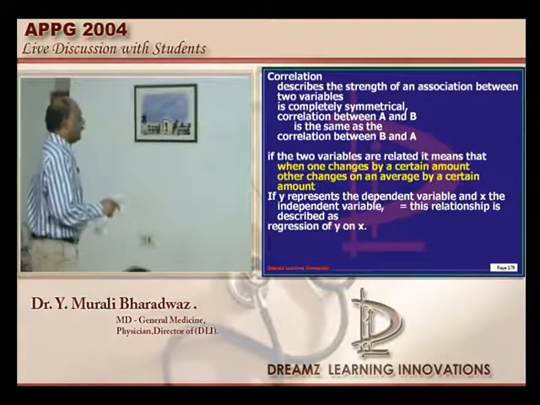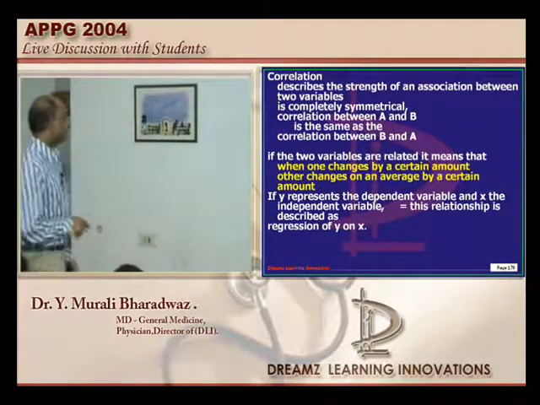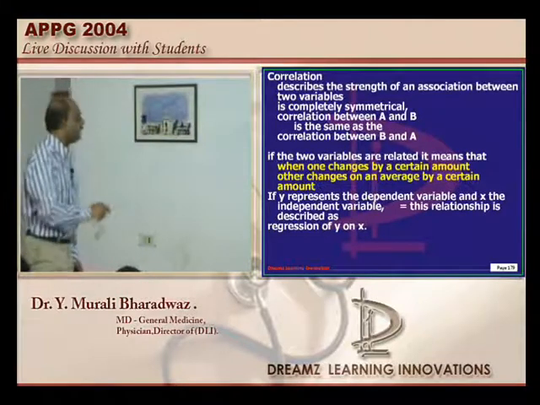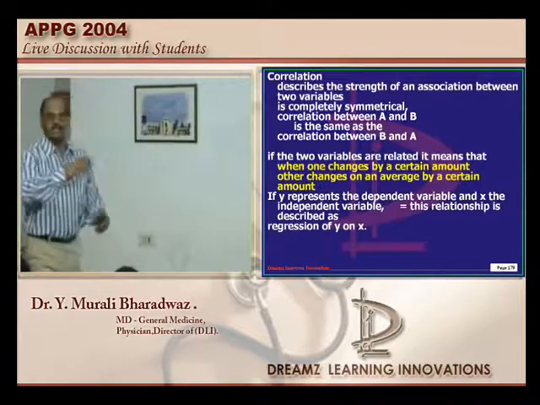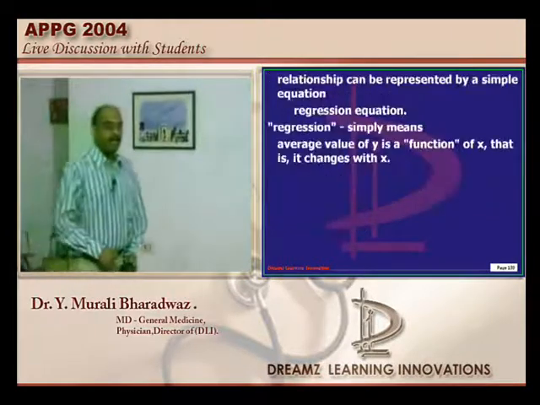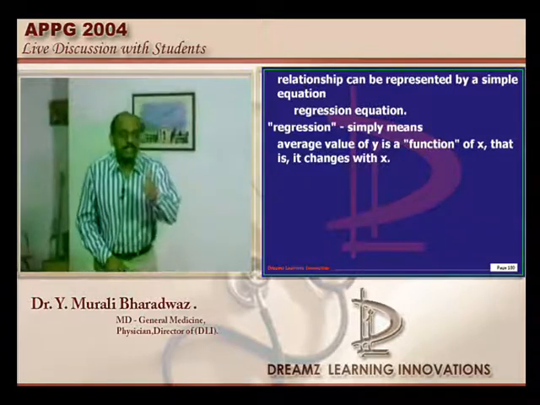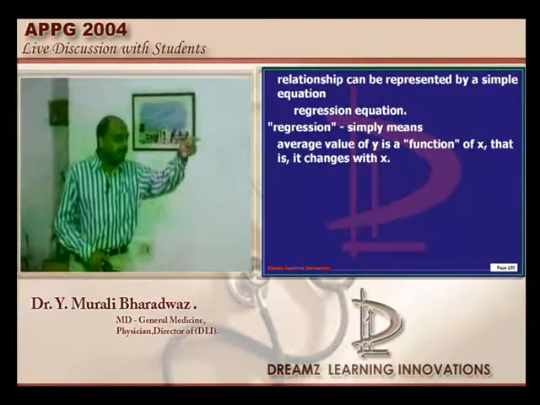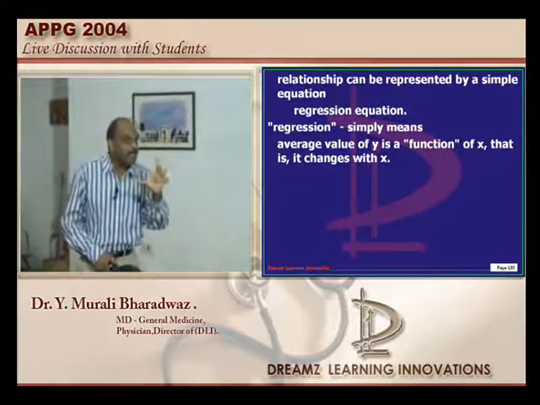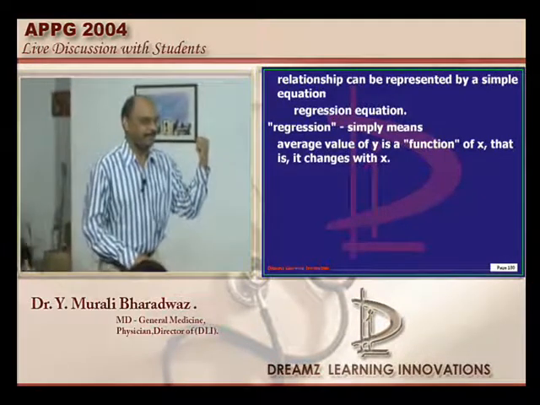But if there are two variables and they are related, then if one changes by a certain amount, the other also will be changing by a certain amount. Regression comes into the picture. It speaks about how much the other variable will change if this variable changes. That is calculated by regression.